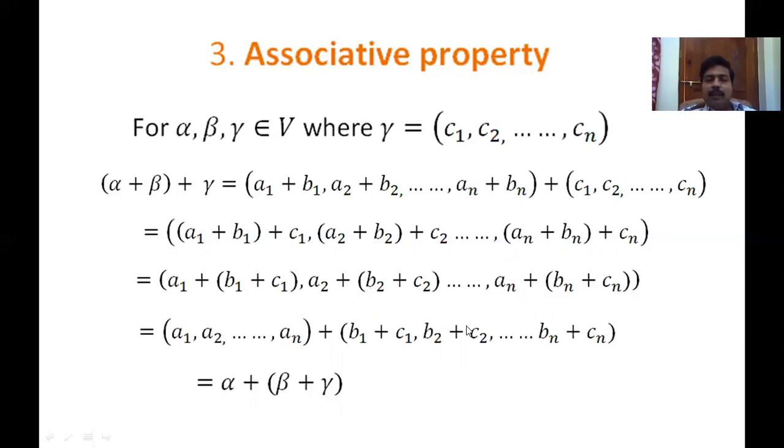So this can be further written as a1, a2 and so on an, plus b1 plus c1 is the first component and b2 plus c2 is the second component and so on, bn plus cn. So this is alpha and this is nothing but beta plus gamma. So finally we can conclude that (alpha plus beta) plus gamma is equal to alpha plus (beta plus gamma). So the associative property with respect to vector addition holds in our Rn.